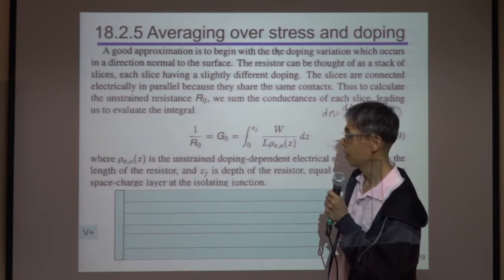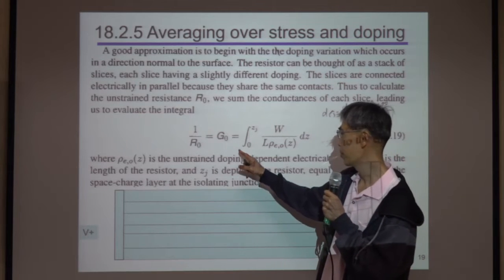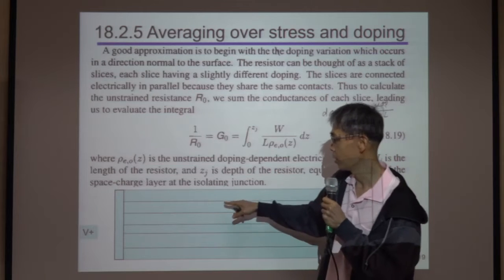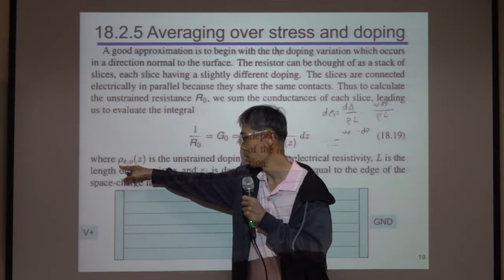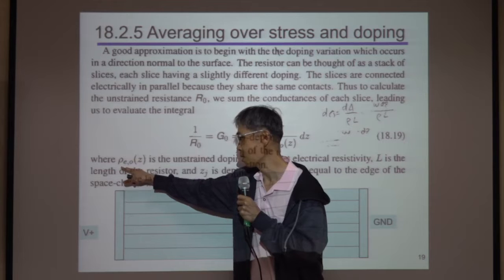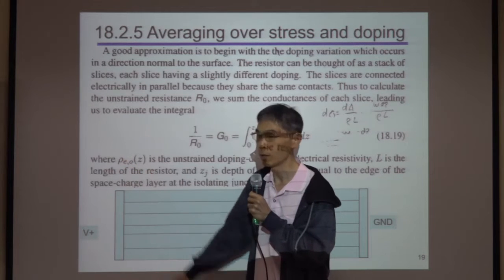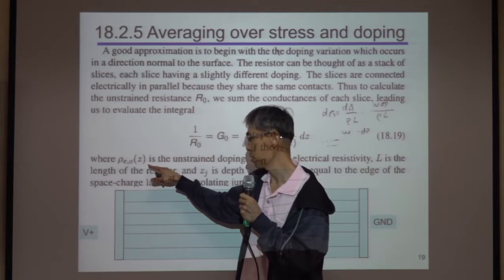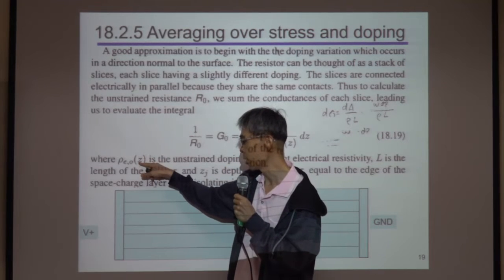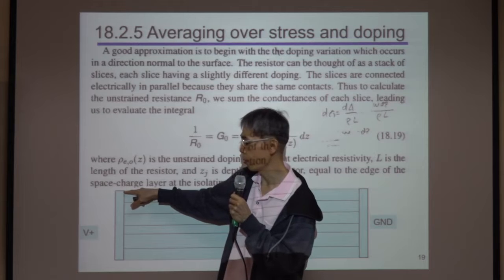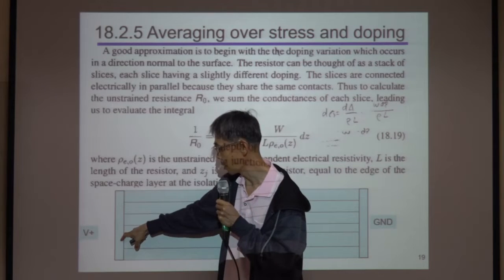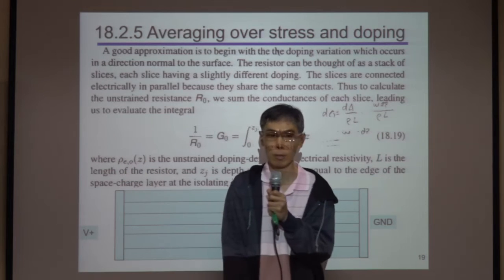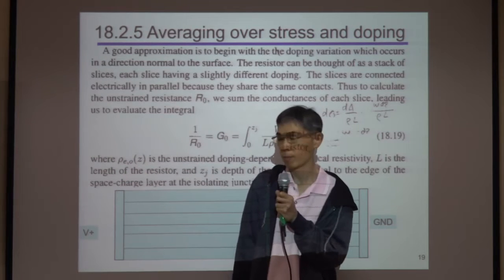So the resistivity rho is dependent on the depth Z. This is Z equal to 0 and the Z positive direction. Different Z values give different piezoresistivity.